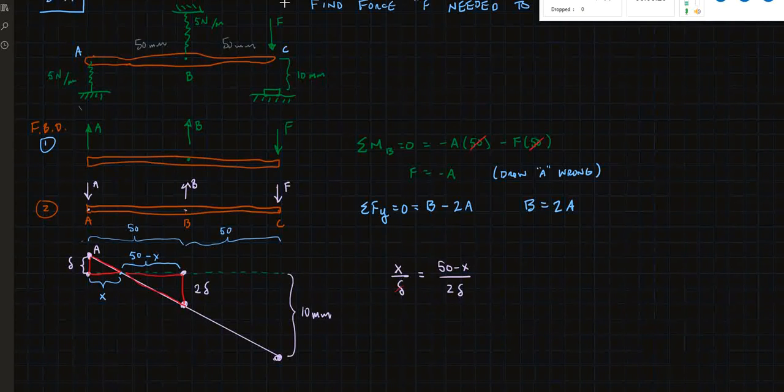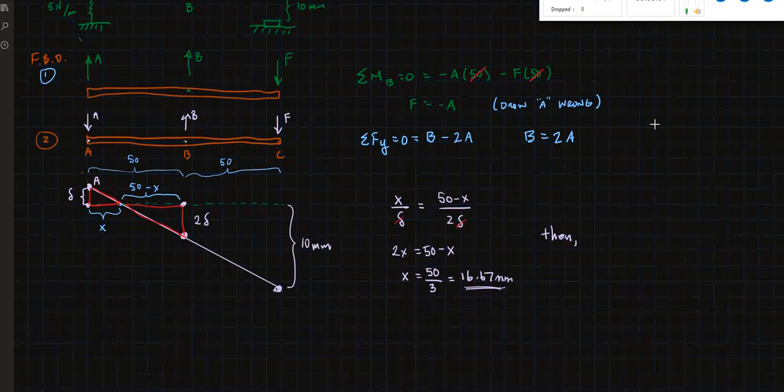Well, I can cancel delta out on both sides. That means I end up with 2x equals 50 minus x, or x equals 50 over 3, because I bring this over, it's going to be 3x over 3, which equals, on the calculator, 16.67.